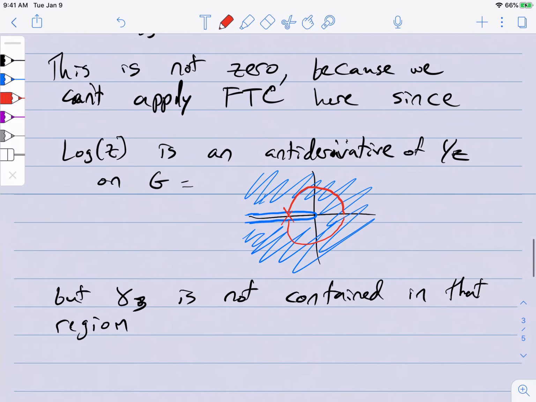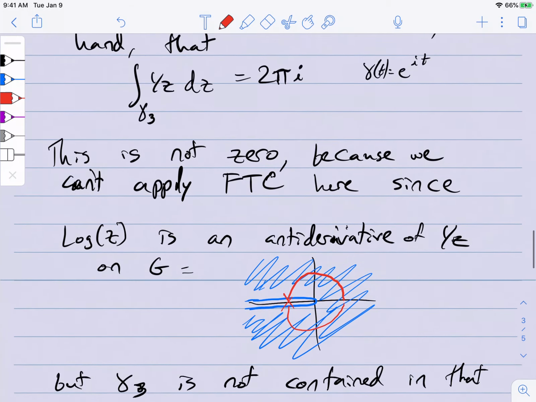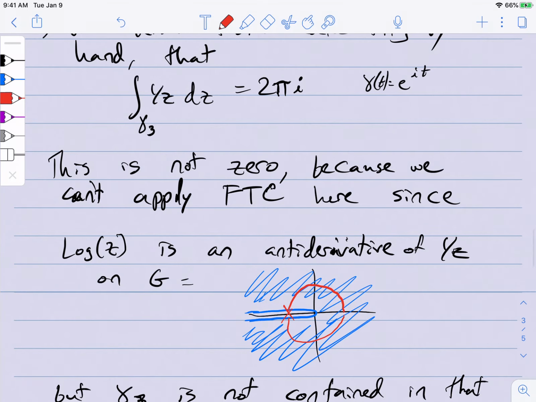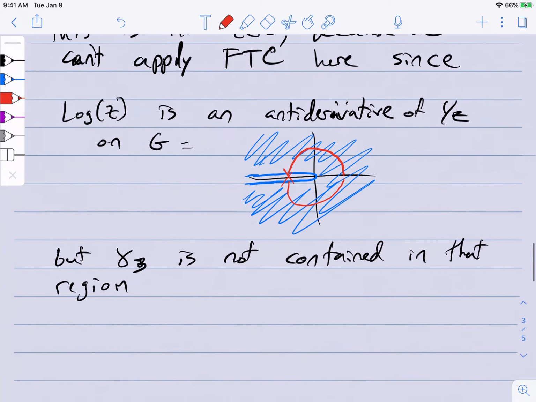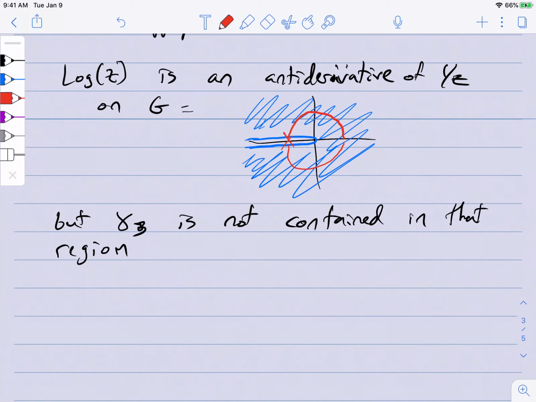And you can see that if we tried to, we'd get 0 as the integral, which is the wrong answer, because we've calculated before that it should be 2 pi i. Okay, so you do have to be a little careful about where your antiderivatives are defined. And sometimes you can define an antiderivative exactly so that it is defined in the region where your path is, but in this case you'll never be able to do that.